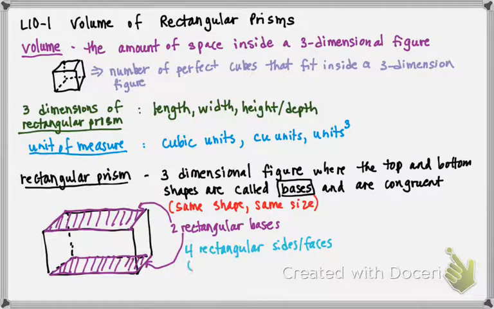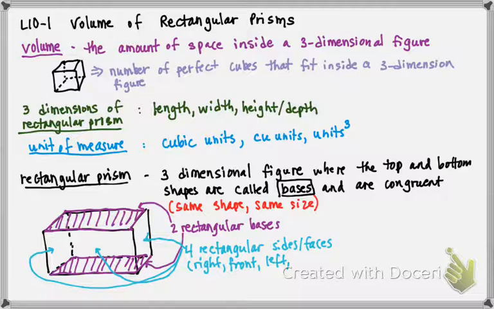So I'm going to kind of draw an arrow and I'm going to label them. So that right there is going to be the right side. And as I continue going around, right here is going to be the front. And then over here is the left side or the left face.